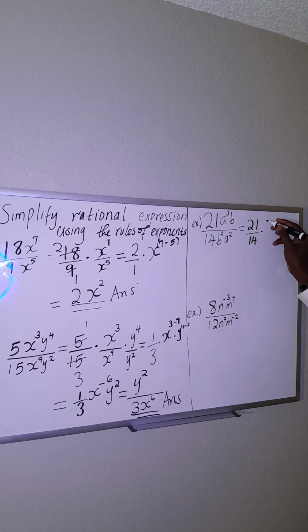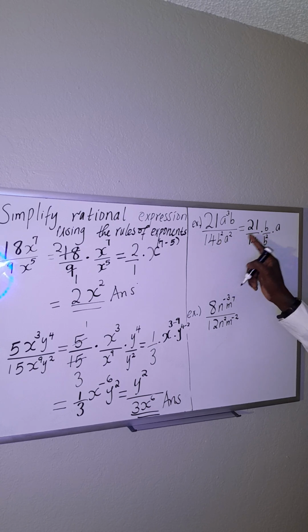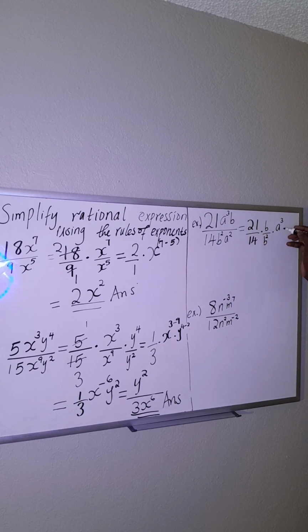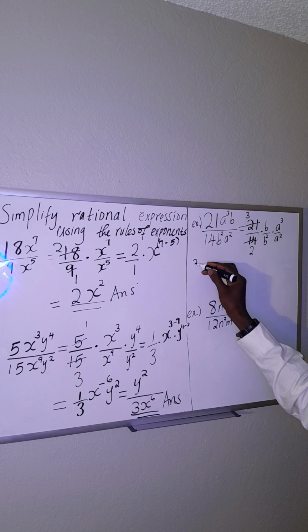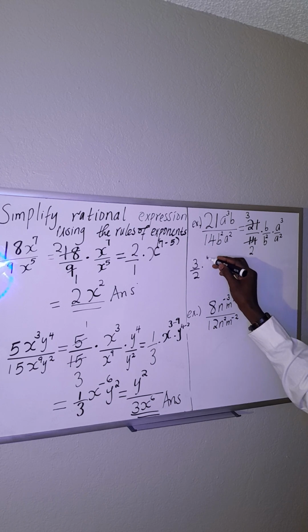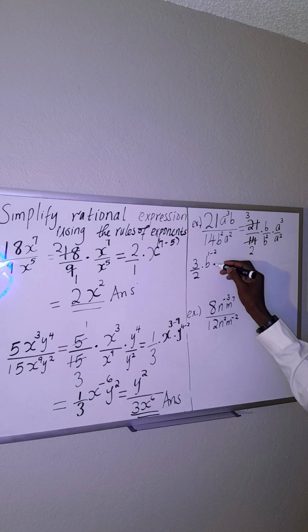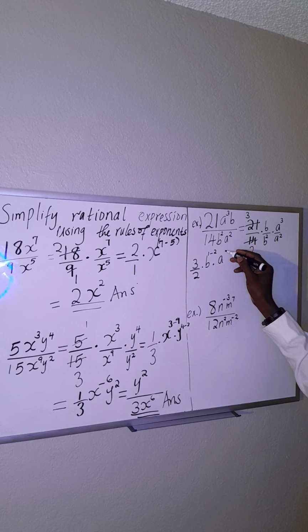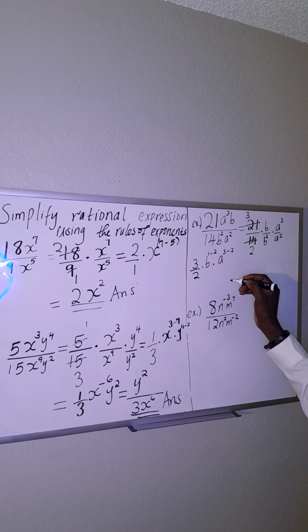Then 14 goes into itself 1. Let us use 7. 7 goes into 14 2 times, and 7 goes into 21 3 times. Therefore we have 3 out of 2, times b raised to the power of 1 minus 2, times a raised to the power of 3 minus 2.